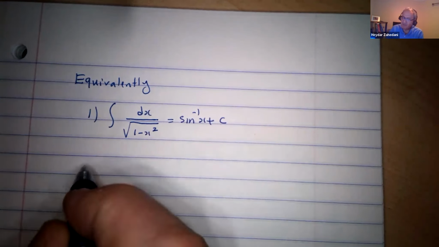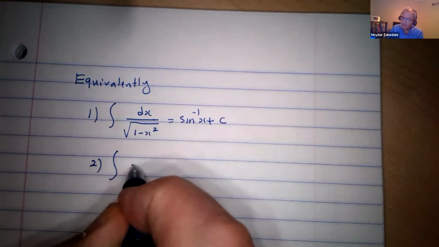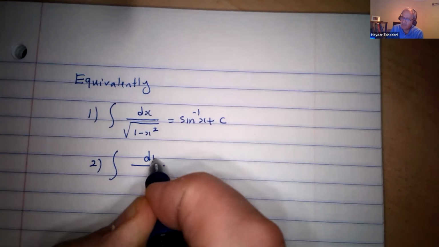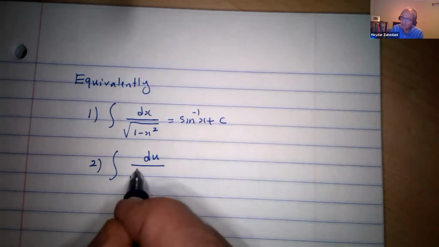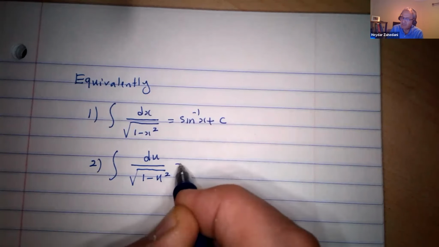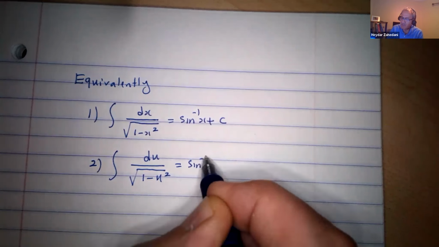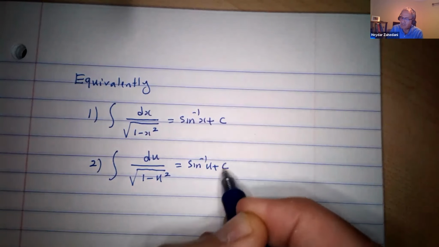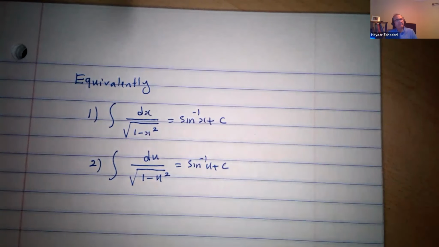And if it's in u form, anything other than x, we call it u. So the integral of du over the square root of 1 minus u squared gives you sine inverse of u plus the constant c. Okay, so this is all we have to know about the sine inverse, integration and differentiation.